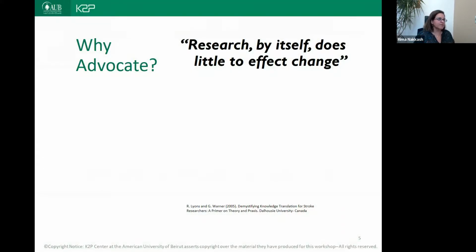So focusing more, always talking about evidence-informed advocacy, and you will see that we will be referring to that throughout the presentation. But to start with, why advocate? Because research by itself does little to affect change, and there has to be an active process which we need to be engaging in, and we will talk later on that this is a process that not only researchers need to be engaged in, but other stakeholders, and we will be discussing that.